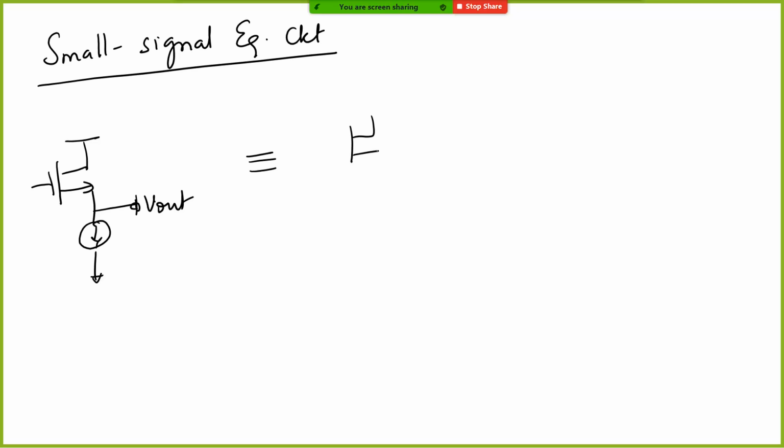A very simple way to implement it is to put a source resistor and take the output. So this is your V in, and as we saw in last class, what is the difference between common source with source degeneration and this particular circuit? Basically, there you took the output at the drain, and you had a drain resistor. So here you are taking the output at the source, and it becomes a source follower.